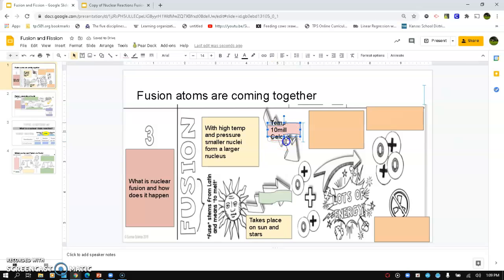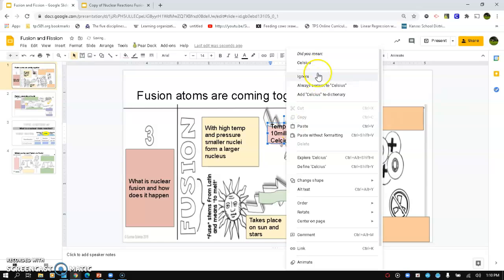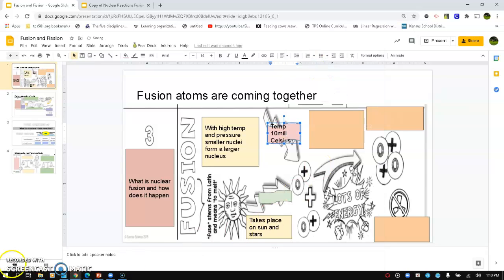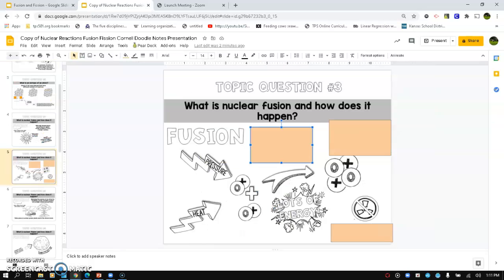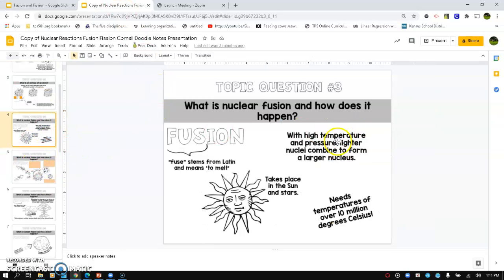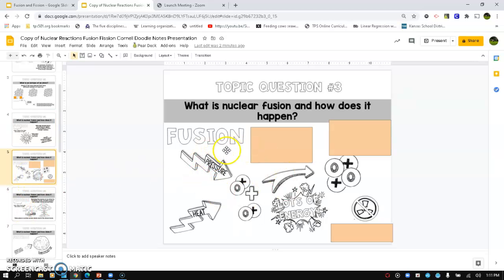Okay, so that is a tremendous amount of heat. And this also takes a great deal of pressure. It takes a great deal of pressure and it takes a great deal of heat.